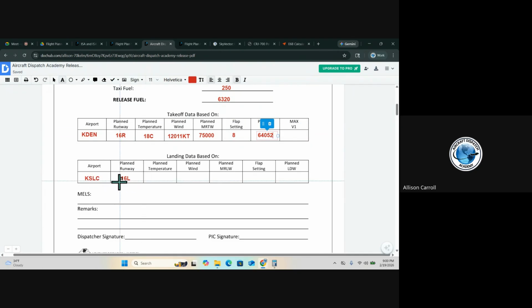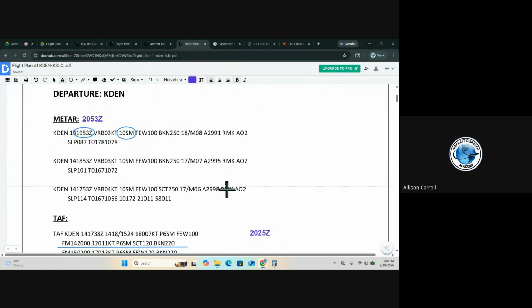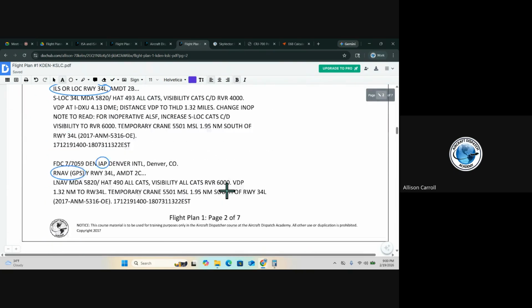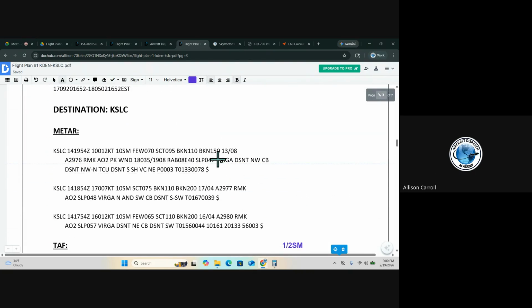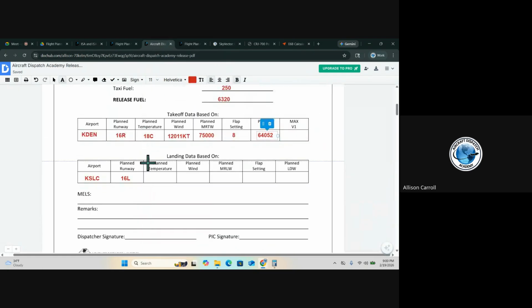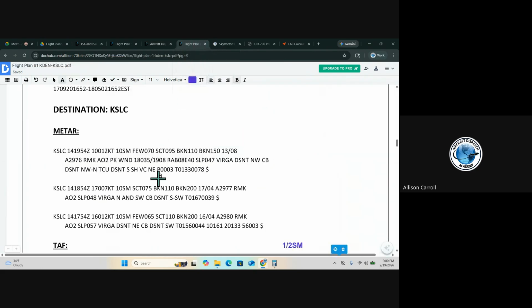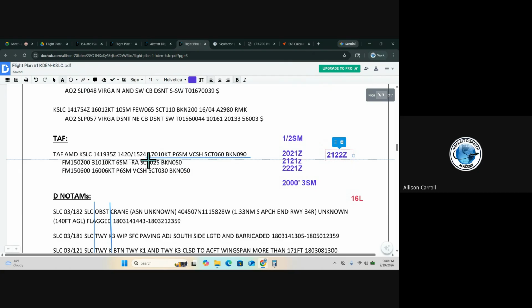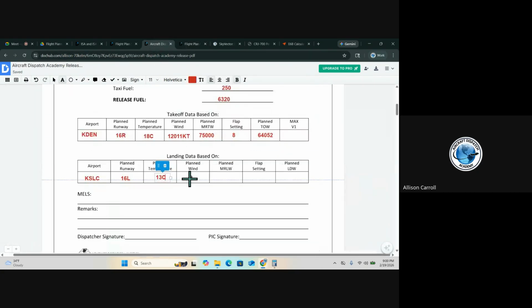All right, Salt Lake, 16 left. Our planned temperature for Salt Lake, I think it was 13. Yep, 13 degrees Celsius right here in this most current METAR. Planned wind. Now you can get that right from the TAF for planned wind, 170 at 10.